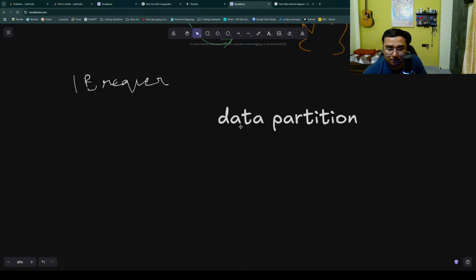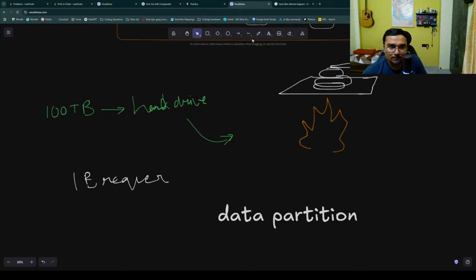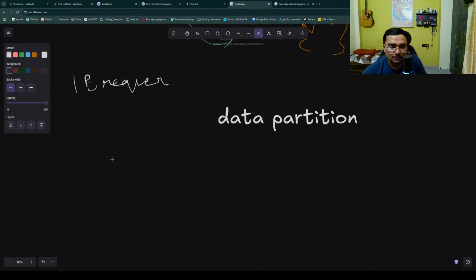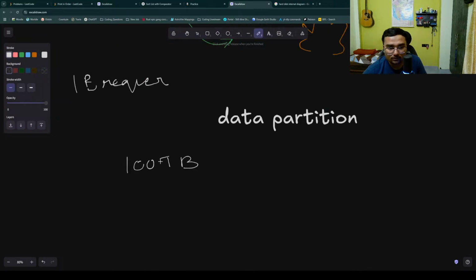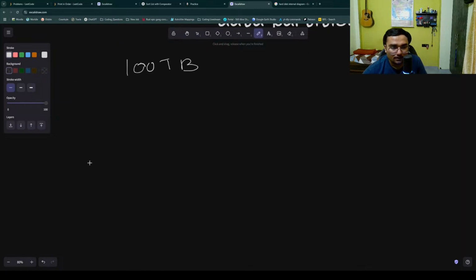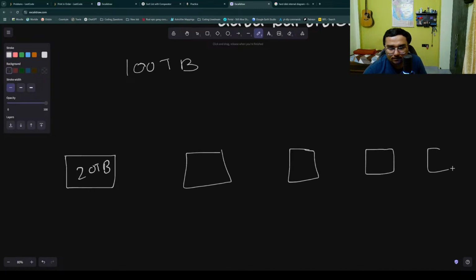Now, let's say for this 100 TB data, instead of storing it in one server or one computer or one hard drive, whatever we want to call it, we have 5 servers with 20 TB data in each, right?